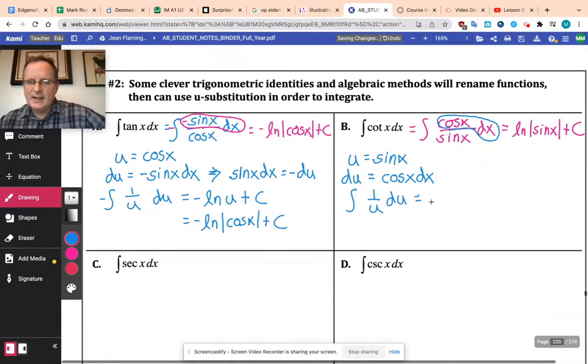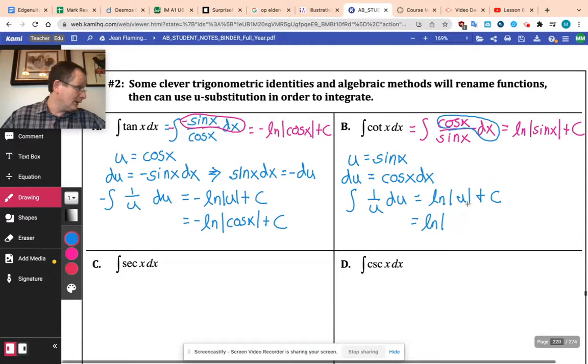So this is the natural log, absolute value of u, plus c. So we got the natural log, the absolute value of u, which was sine x, plus c.